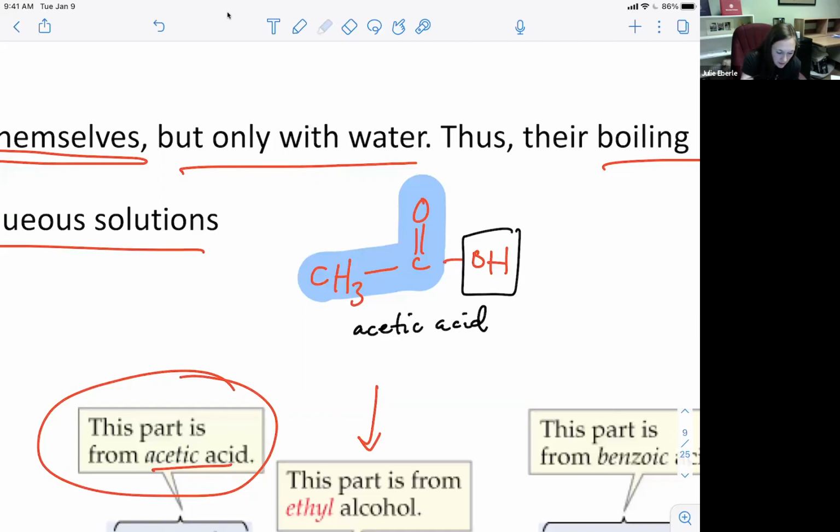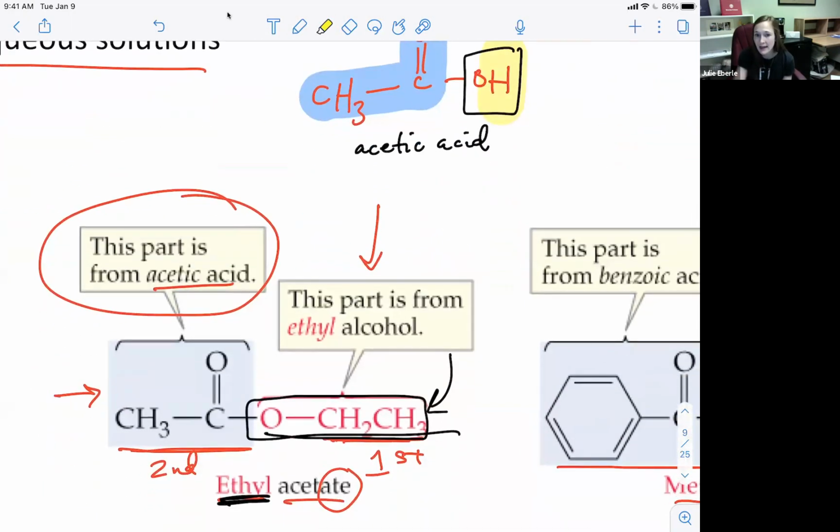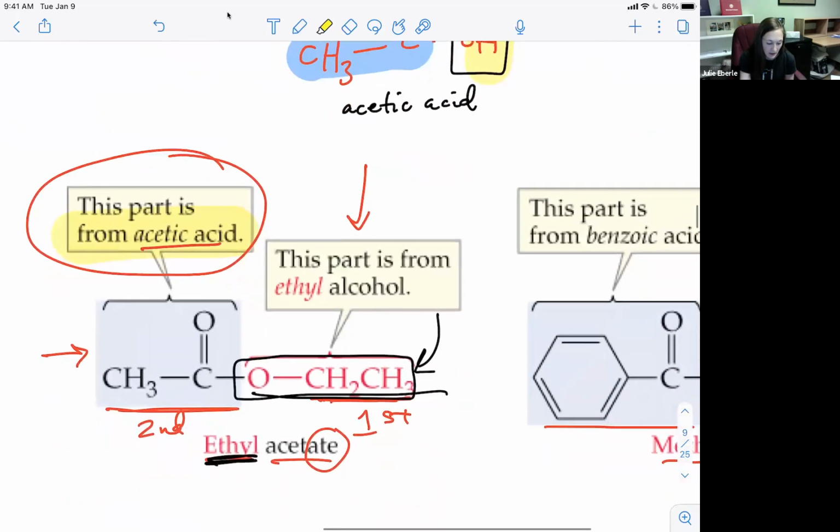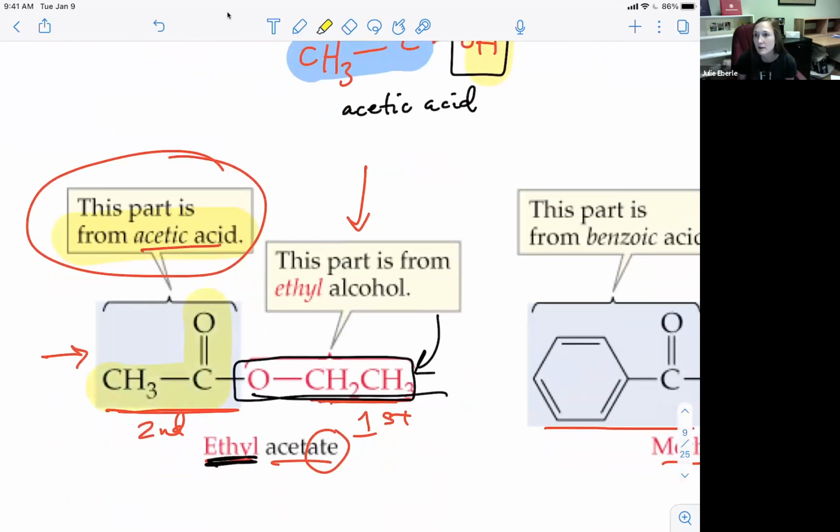It is this part of acetic acid that makes it a weak acid, okay? We don't have that hydrogen down here anymore. That's been ripped off, and now we have an ethyl group in its place. And that's what makes it an ester, okay? So the fact that they're saying this is from acetic acid right here is just because they're considering the part highlighted in blue and they want to keep the name the same since that looks like this part right here.